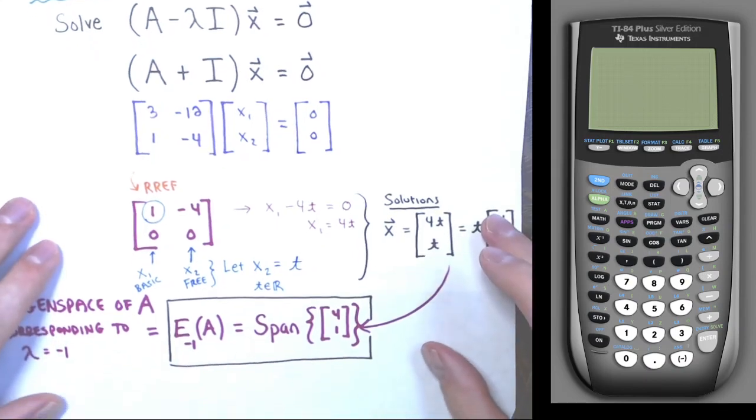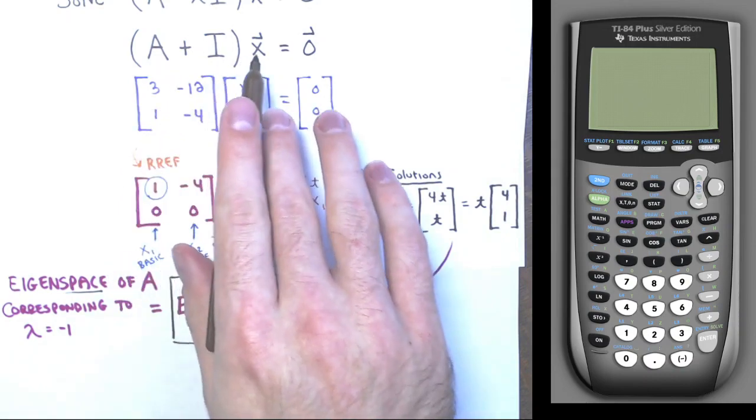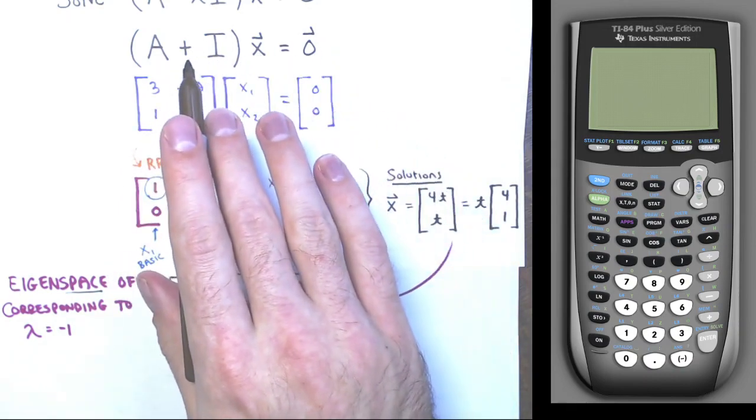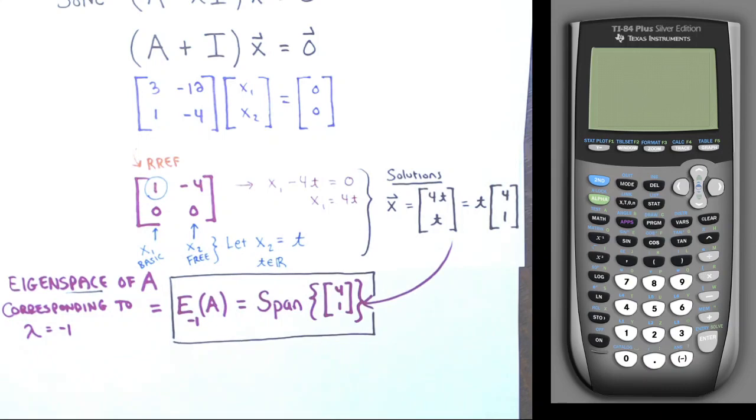Now, once you've found an eigenspace in the fashion that we have, by solving this equation up here, putting the matrix into reduced echelon form or just echelon form, you should have come up with also an eigenbasis.